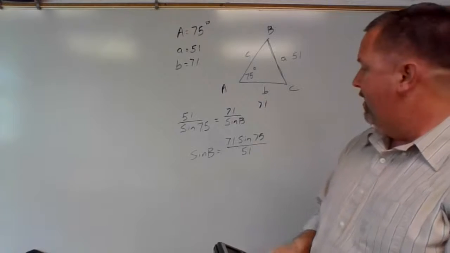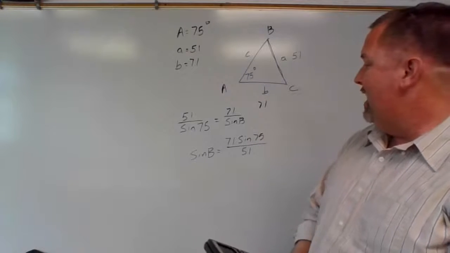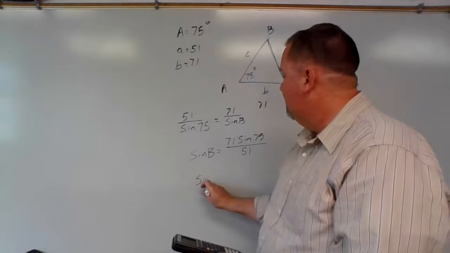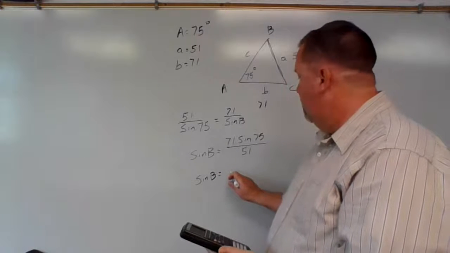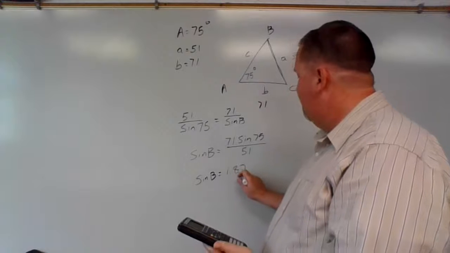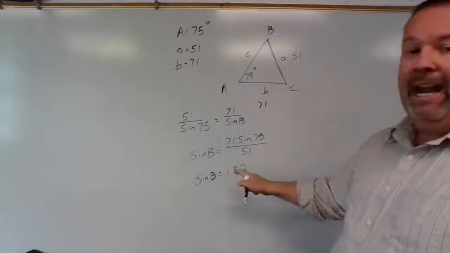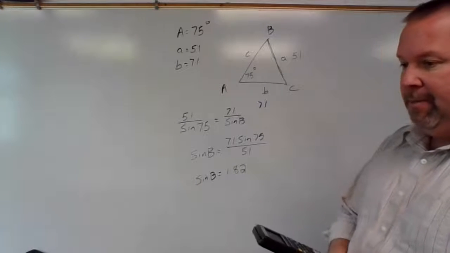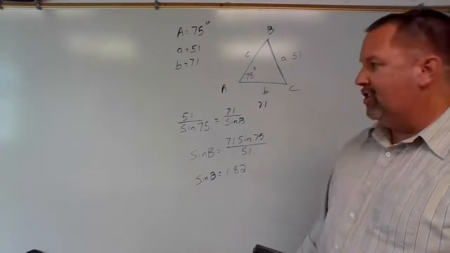And it turns out that according to this, the sine of B equals 1.82. So I know the sine of B. I want to find angle B. Maybe you remember back to the last section, this is an arc sine situation.